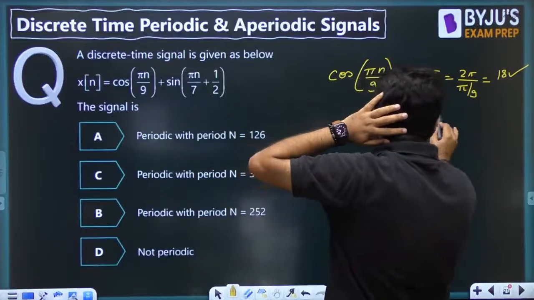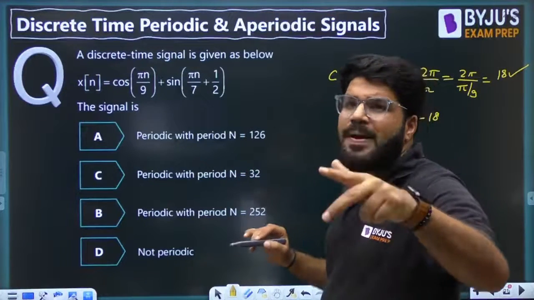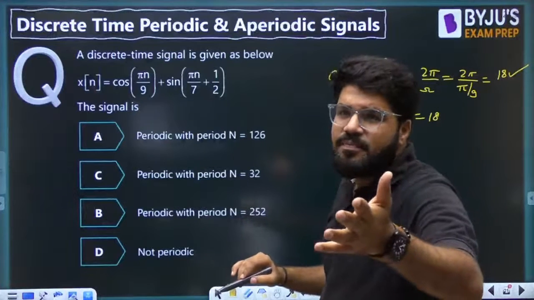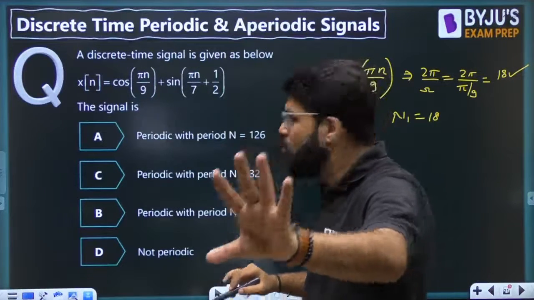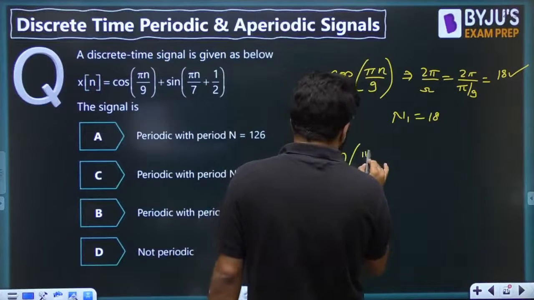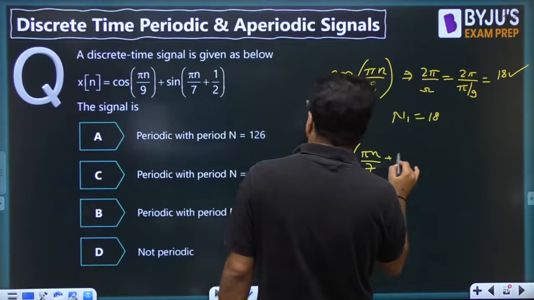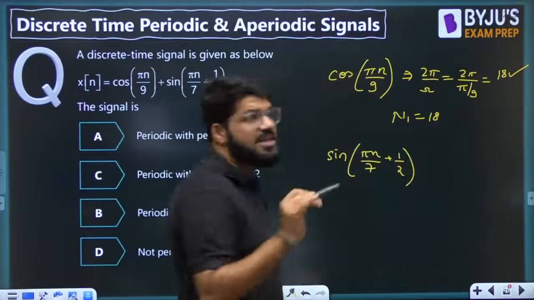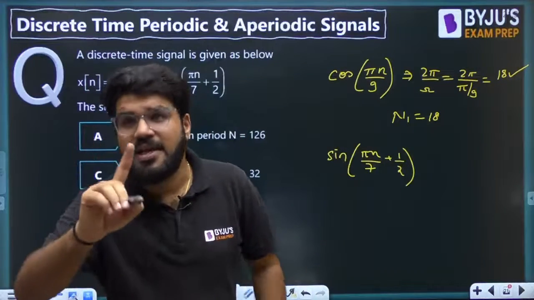So what is the time period? I told you, if 2π/ω is directly an integer, then that is itself the time period. You don't have to do any extra effort. Next is sin(πn/7 + 1/2). Any initial phase doesn't affect the period, as I explained yesterday.